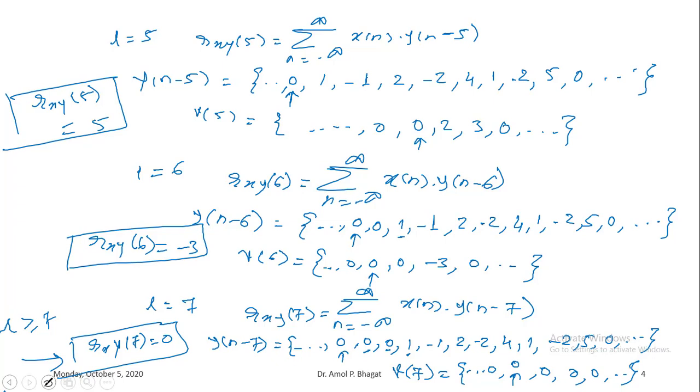So similarly you have to identify it for negative values of L, that is for L equals minus 1 and so on. I will again write down these sequences here, x of n and y of n, so that we don't have to go back to the initial slide.